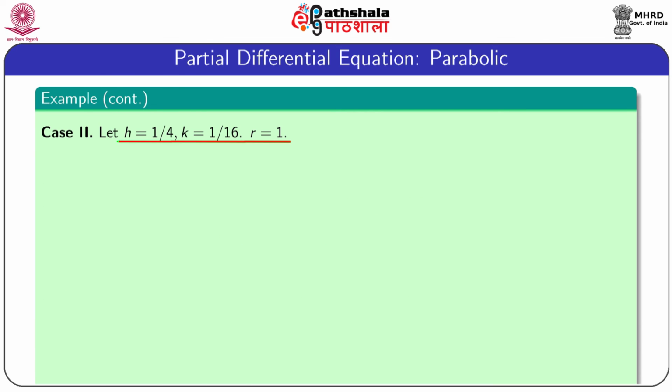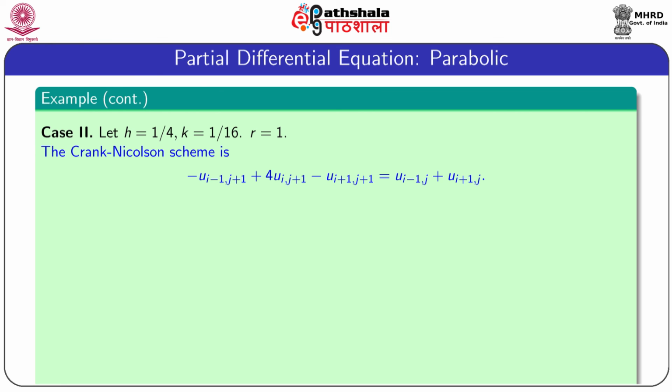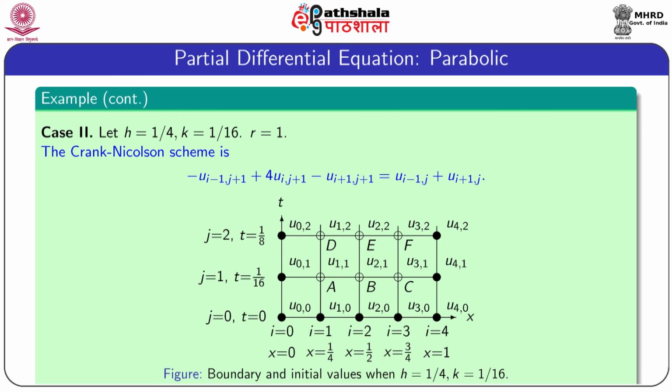In this case we assume that h equal to 1/4, but we consider k equal to 1/16, that means the value of k is taken as 1/16. In this case the value of the parameter r is 1. So, the Crank-Nicholson scheme is this one, and this is the boundary and initial condition and the other unknown mesh points.